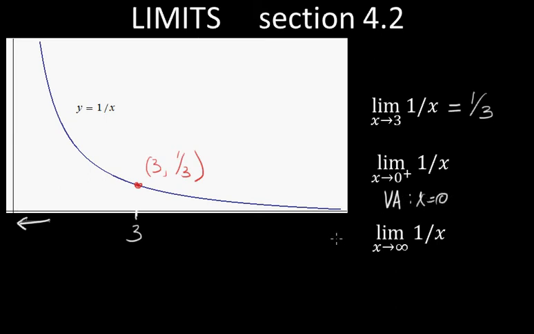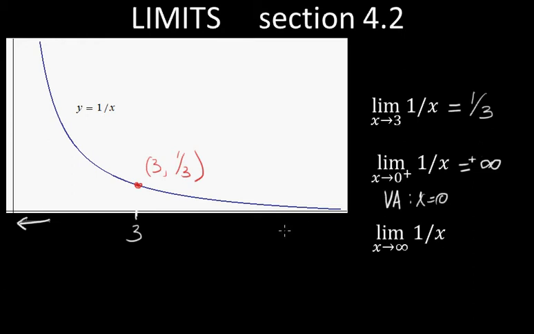The y-axis is a vertical asymptote, and that's what we mean when we say the limit as x approaches 0 from the right of 1 over x is, well, it's not really a limit. I put equals infinity there, or you could put equals plus infinity to indicate that 1 over x is getting large without bound as you approach 0. So really there is not a finite limit, but we often use this notation, the equal sign.